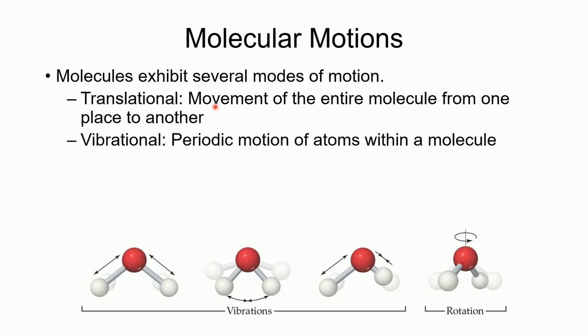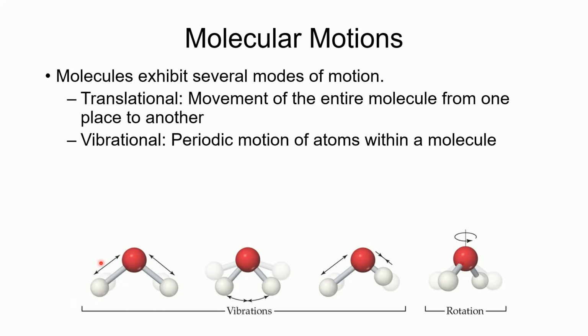We can look at the vibrational energies. And down here on the bottom of the page, I've got a little cartoon with the water molecules. There are different vibrational modes for water molecules. One vibrational mode is where both of the oxygen-hydrogen bonds are stretching at the same time. We call this symmetric stretching. When it stretches, it's like a spring, and so the atoms will bounce back and forth.